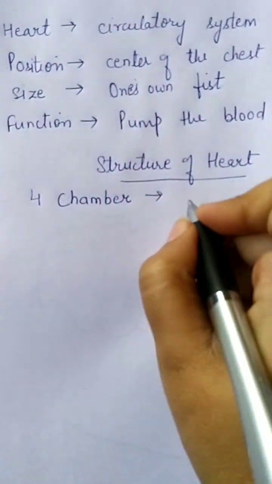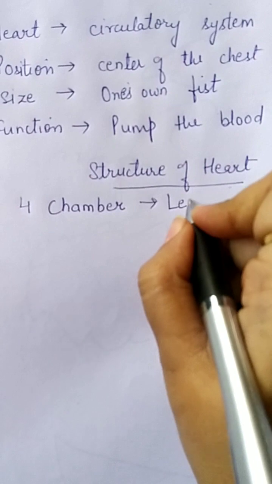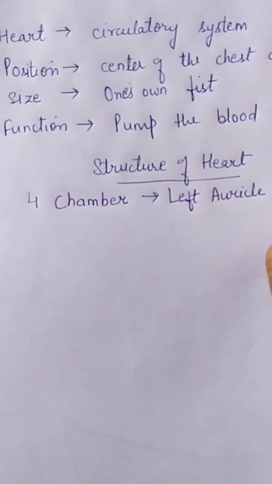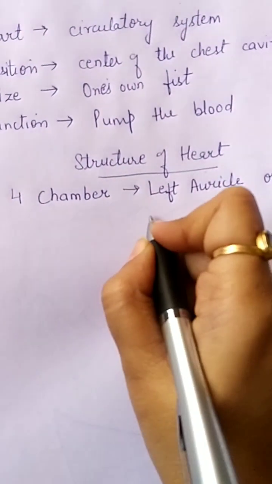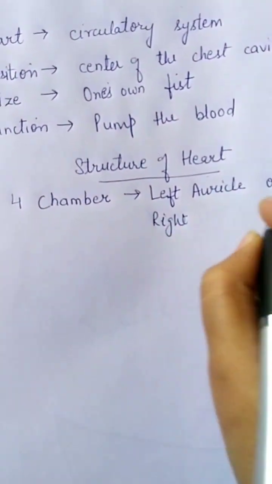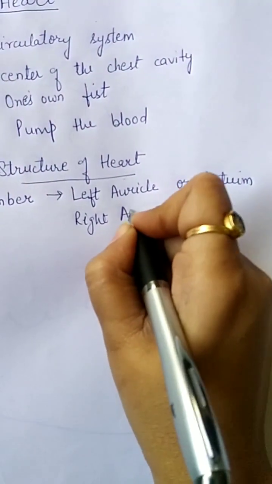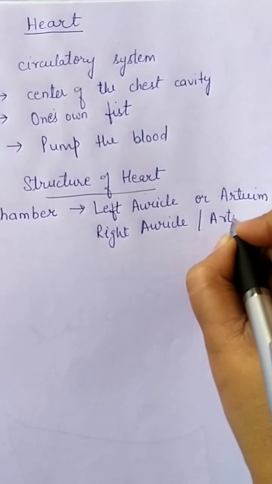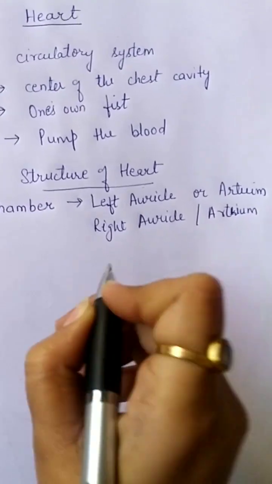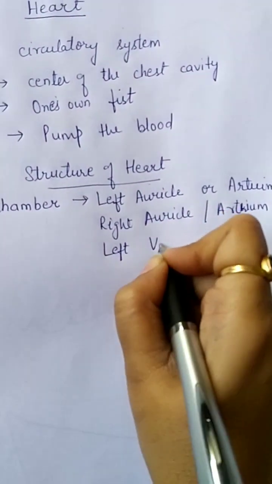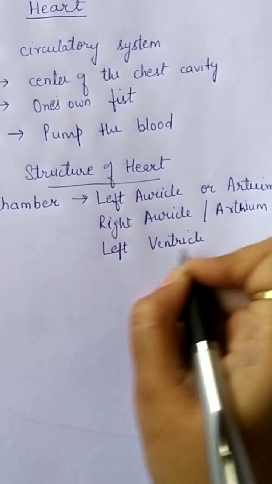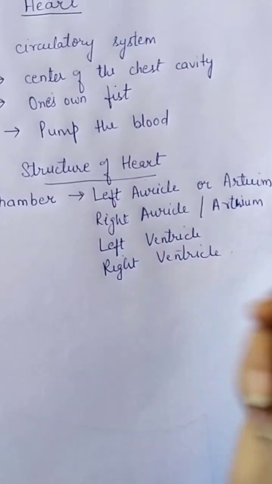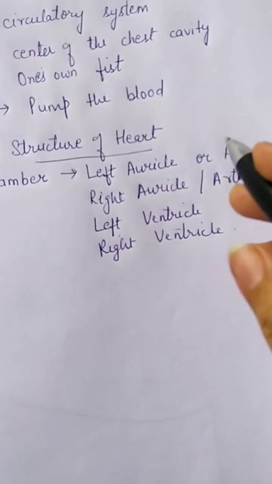That is left auricle or atrium, right auricle or right atrium, left ventricle and right ventricle. So these are the 4 chambers of the human heart.